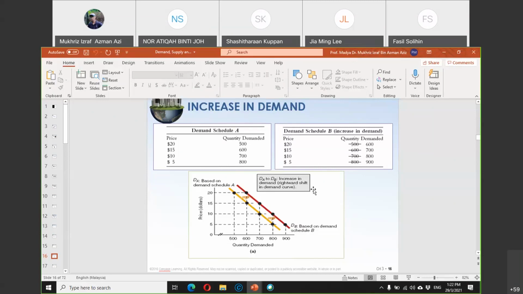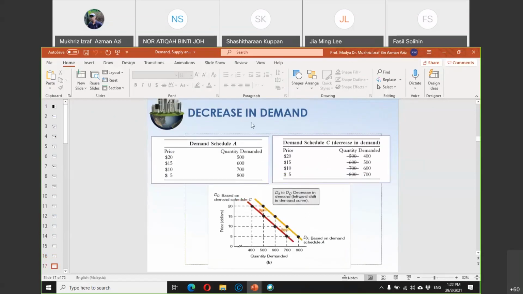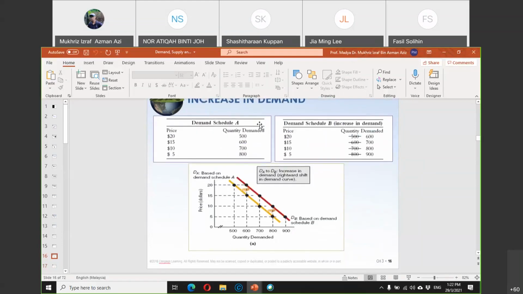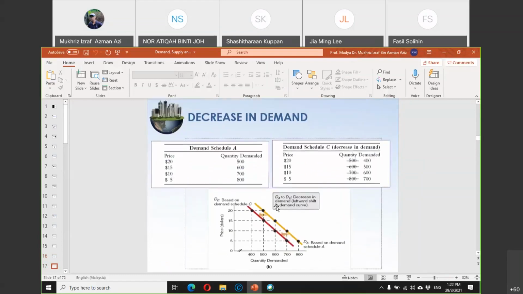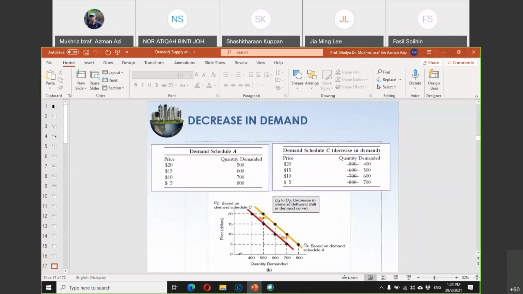In economics there is a difference between these two terms. It's not in terms of the English word; one is with ed, one is without ed. The one without the ed, whether an increase in demand or a decrease in demand, you are talking about a shift in the demand curve, whether shifting to the right or shifting to the left.